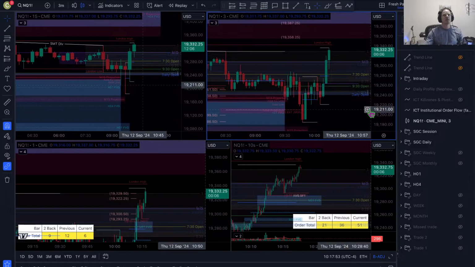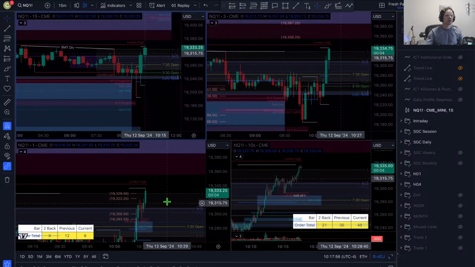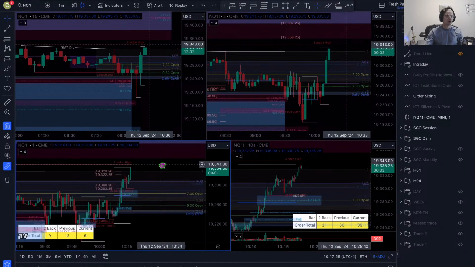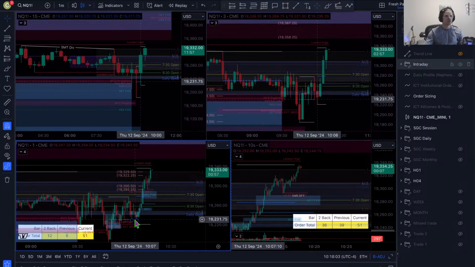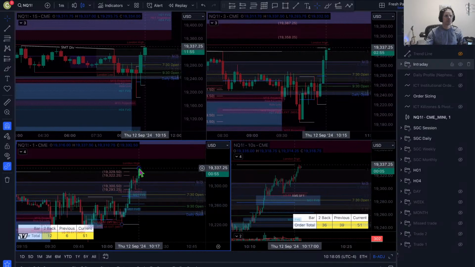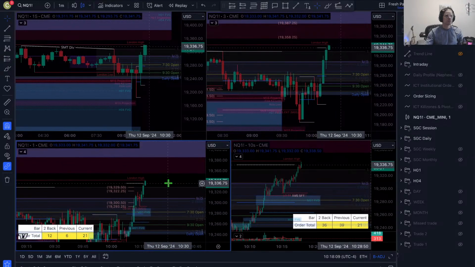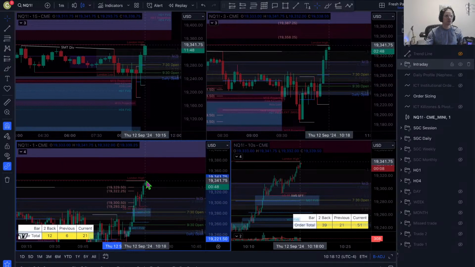Definitely impulsing on M3 and M5. I mean, everything's bullish. We've got our signals. Market's good. Missed this trade, unfortunately. Here comes London.